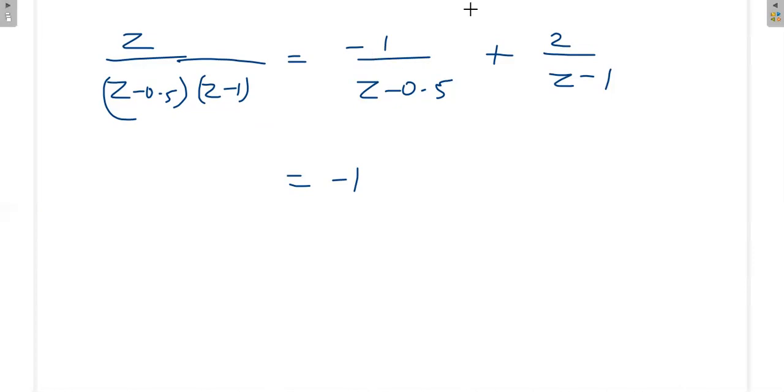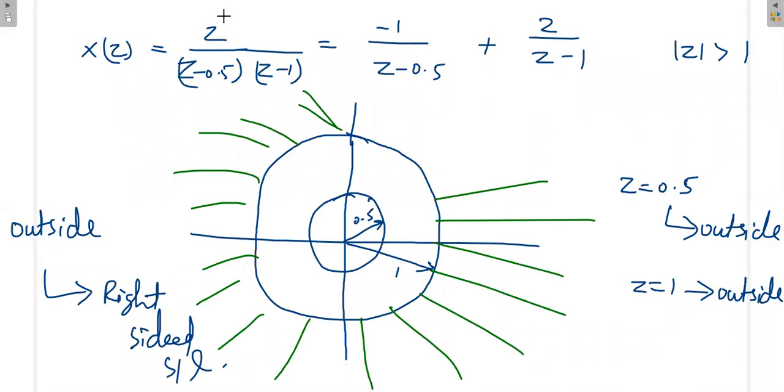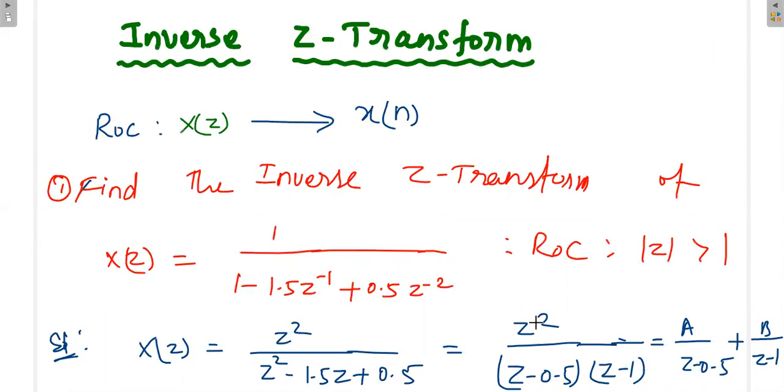We made some mistake here. Instead of z square, z is there. That means one more z is present here, and we have to take it here. Directly, don't apply the partial fraction. First of all, take the z down.